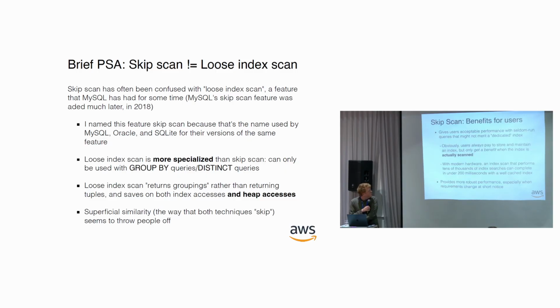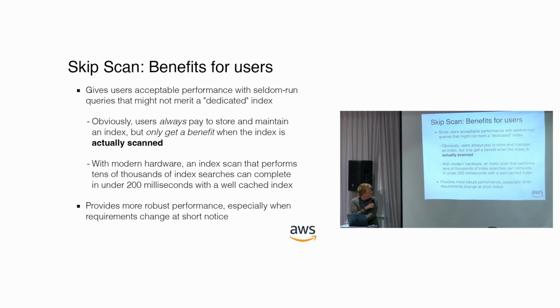So there are benefits for users that I've covered already somewhat. I think this is important for robust performance. That is, it's important when we have unexpected new deployments. Queries can perhaps get by with available indexes with acceptable performance.